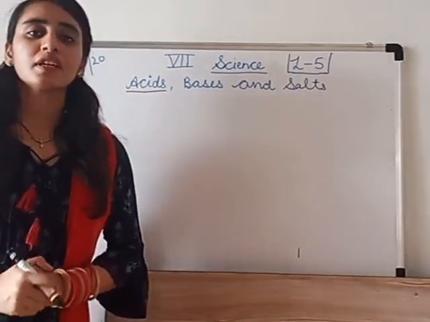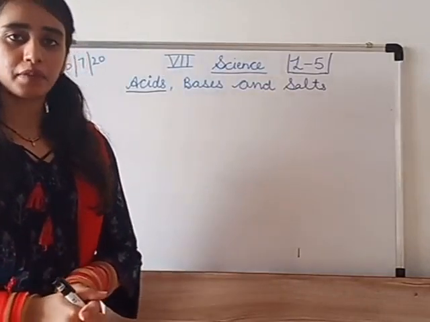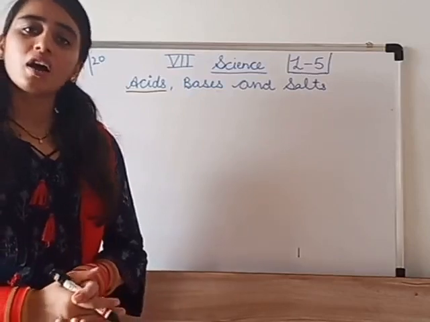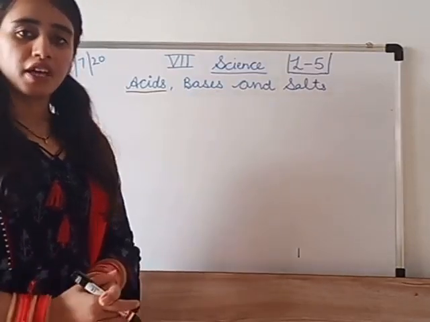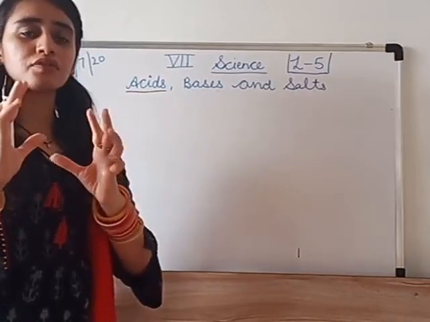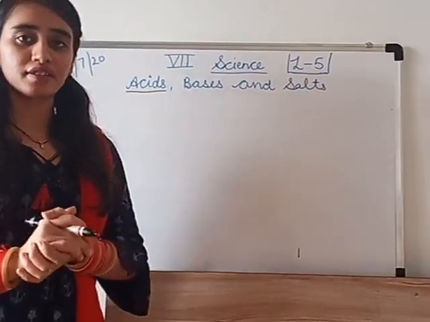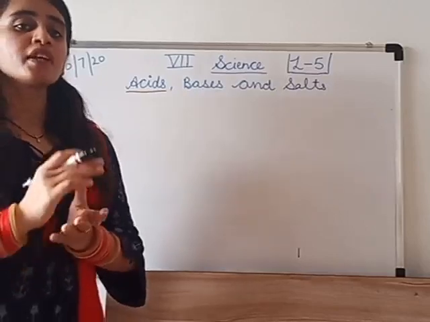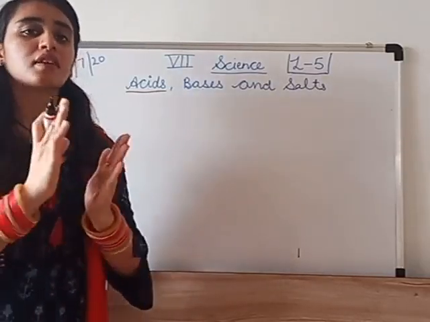We use in our daily life many substances like lemon, vinegar, tomato, ketchup, onion, banana, jam. You feel these things have different tastes. Everything has a different taste: some are sour, some are sweet, some are bitter.